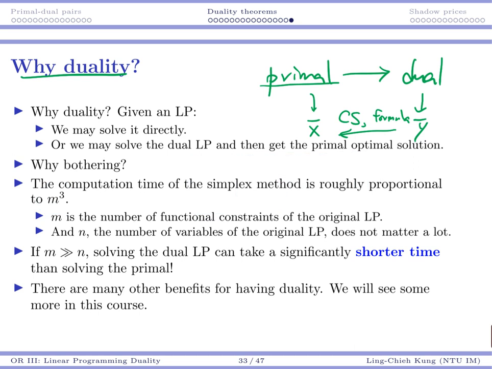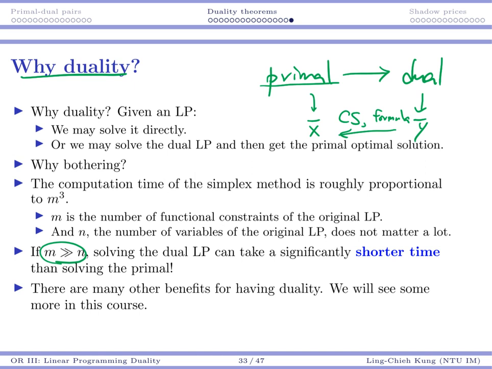Alright? On the other hand, the number of variables does not matter that much. So if you have a program where m, the number of functional constraints, is much larger than your number of variables, then solving this primal program directly may actually take a lot of time.